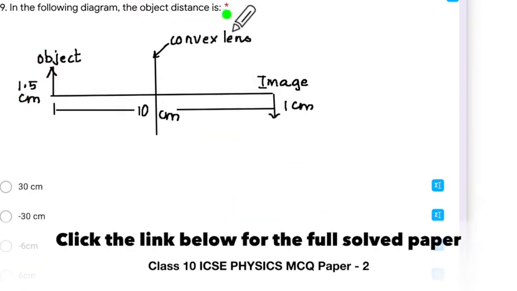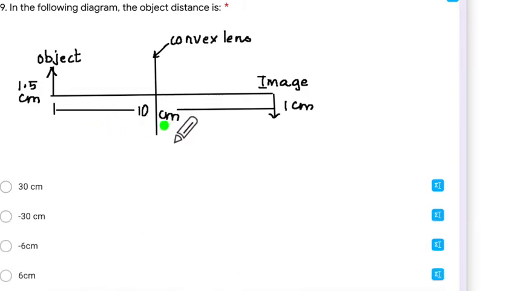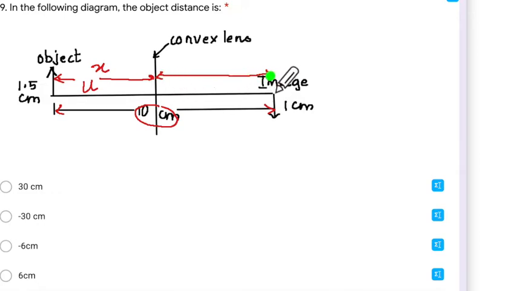The object distance is. Now when we have to find the object distance, see from here to here, this is given as 10 centimeter. So the object distance, if you call this as u, from here to here, this is u, and we will call that as x. Then the image distance, which is from the lens up to here, this is going to be v, which will be 10 minus x.